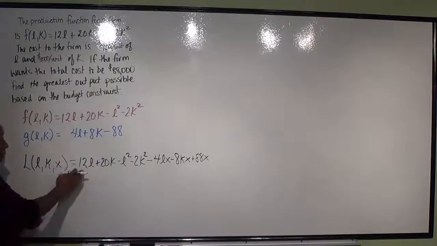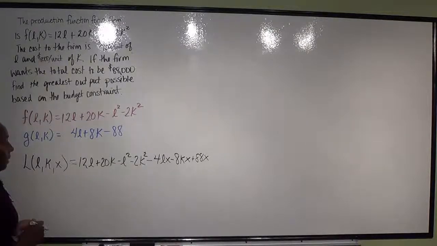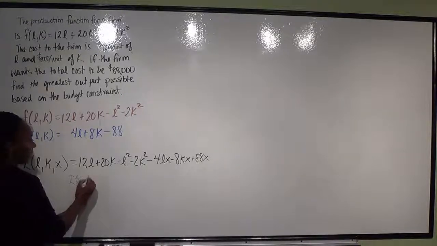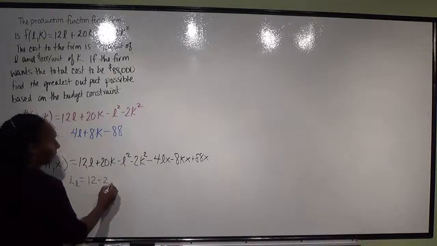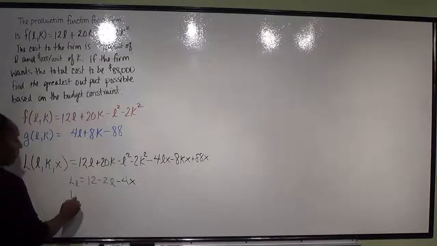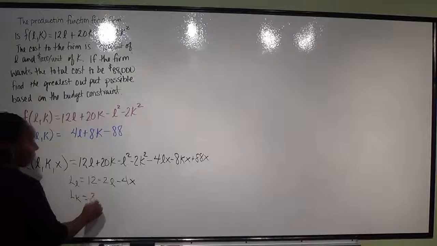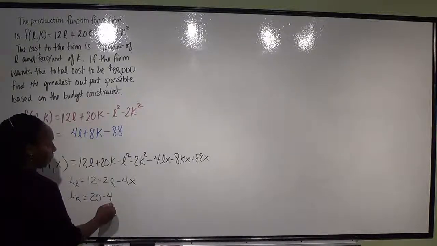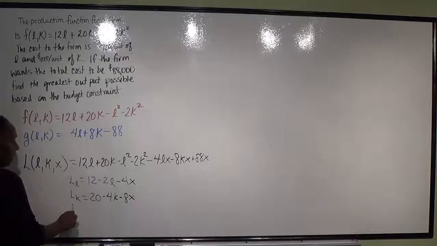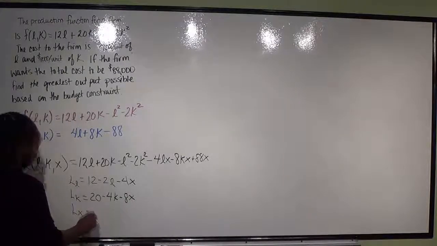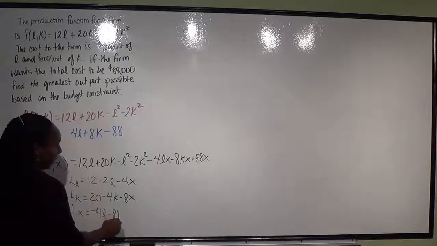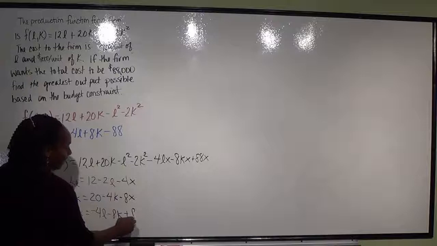Okay, from there I need my derivatives. So L sub L is going to look like 12 minus 2L minus 4 lambda. L sub K is going to look like 20 minus 4K minus 8 lambda. And L sub lambda is going to look like minus 4L minus 8K plus 88.